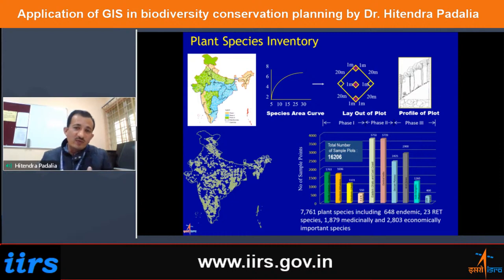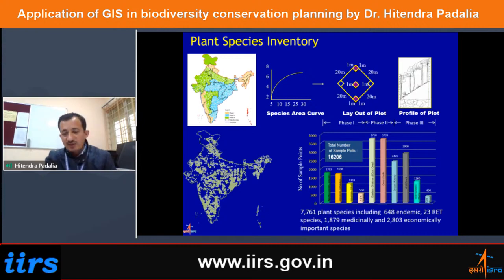This type of thought process should be there when you plan for collecting field data, selecting the area, laying out sample plots in the field, and then developing the database for integrating with GIS.